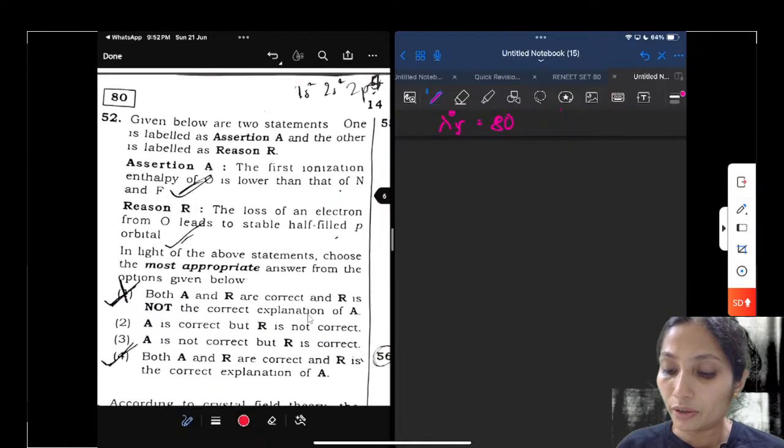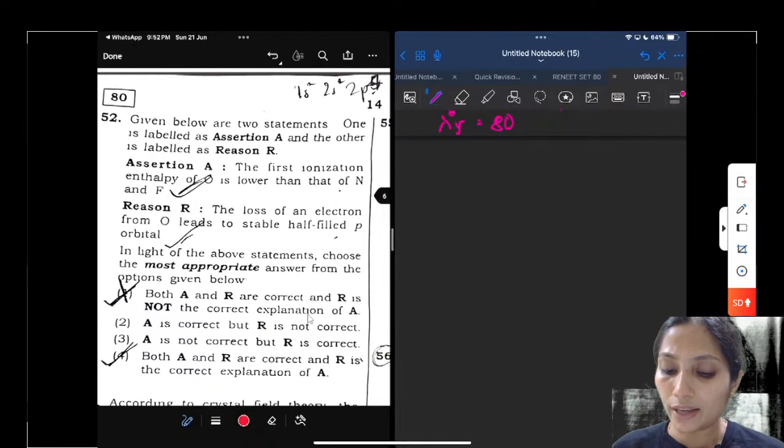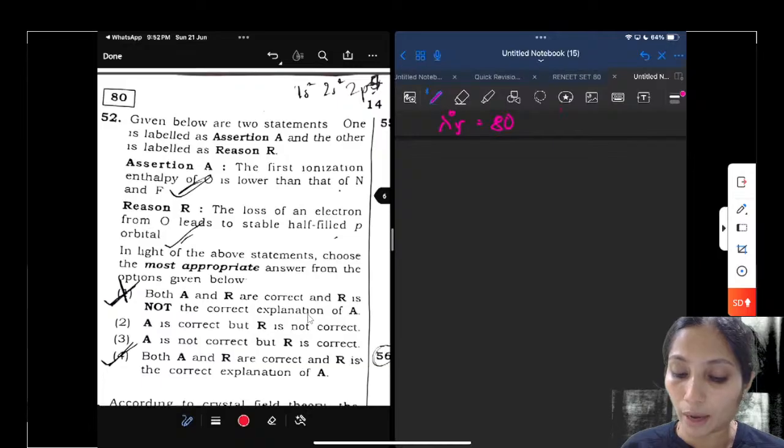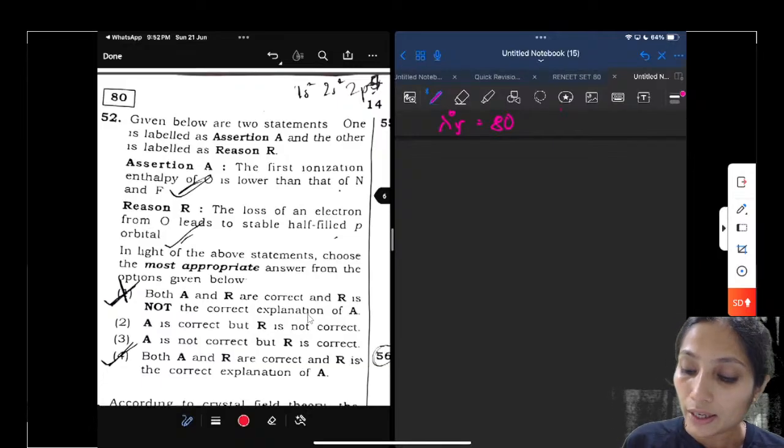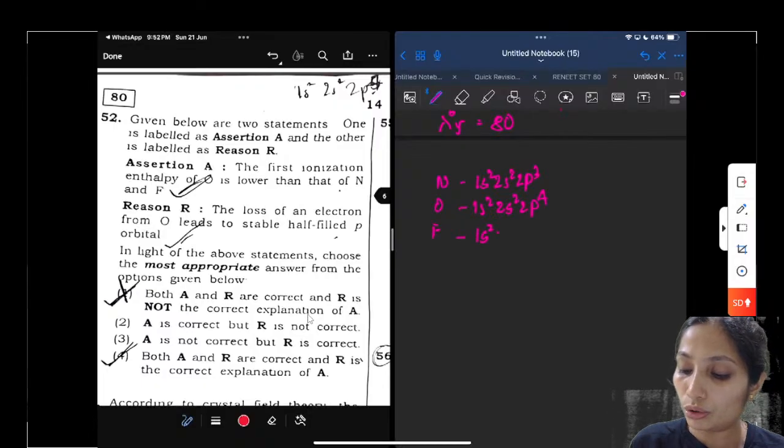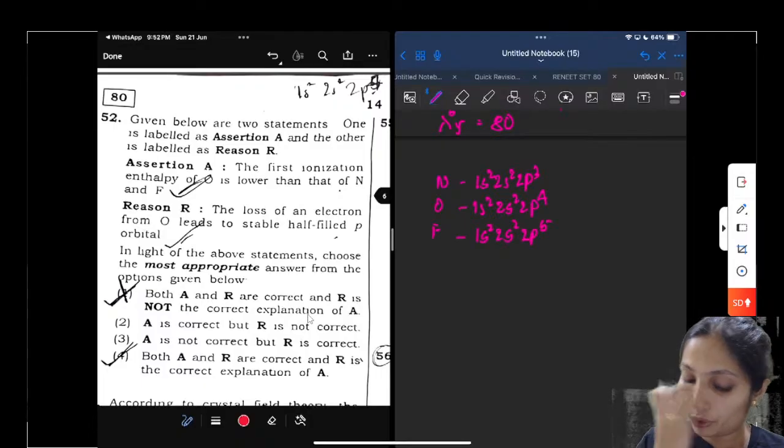Given below are two statements, assertion and reason. Assertion: the first ionization enthalpy of oxygen is lower than that of nitrogen and fluorine. See, nitrogen, oxygen, fluorine. We have three elements with configuration 1s2, 2s2, 2p3 for nitrogen, 1s2, 2s2, 2p4 for oxygen, 1s2, 2s2, 2p5 for fluorine.